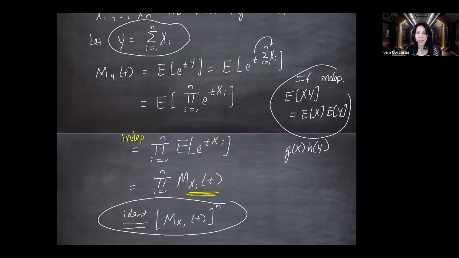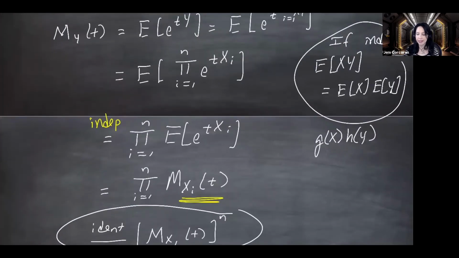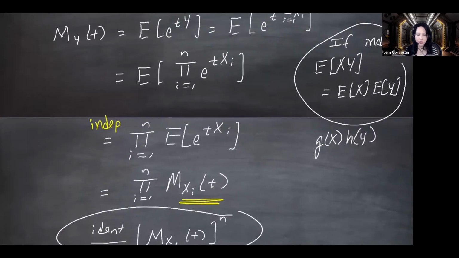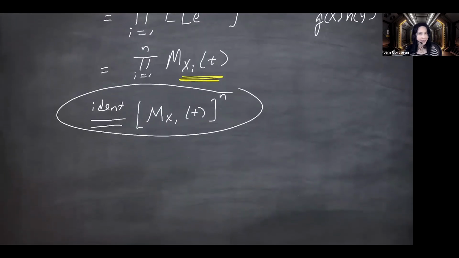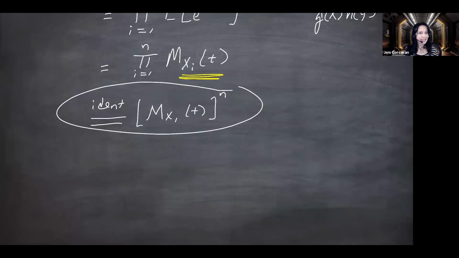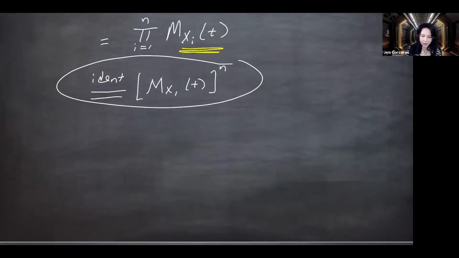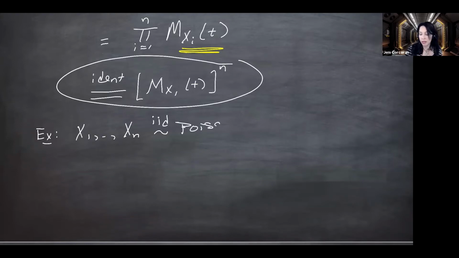So let's use it for the Poisson, and then I'll write the other facts down, and then we move on to our first continuous time Markov chain. Okay, so let's try to find the sum of Poisson random variables. Suppose I have X1 through Xn, and they're independent, identically distributed Poisson with parameter lambda.